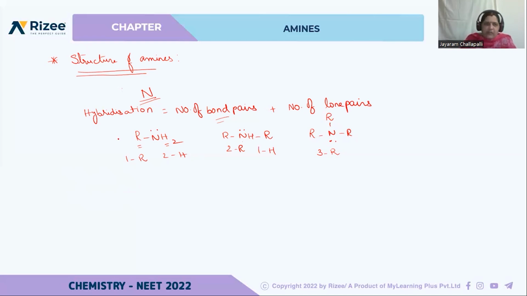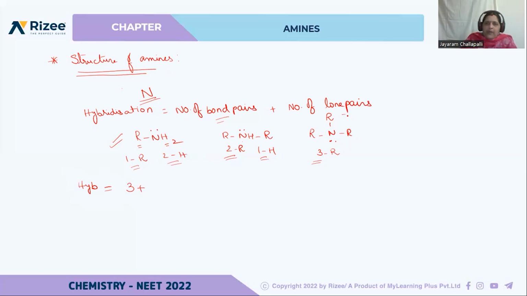This is the same phenomenon in everything, primary, secondary, tertiary. So now let's calculate the hybridization. What is the number of bond pairs? 3. Primary forms 3 bonds, secondary also 3 bonds, and tertiary also 3 bonds. So number of bond pairs is 3.